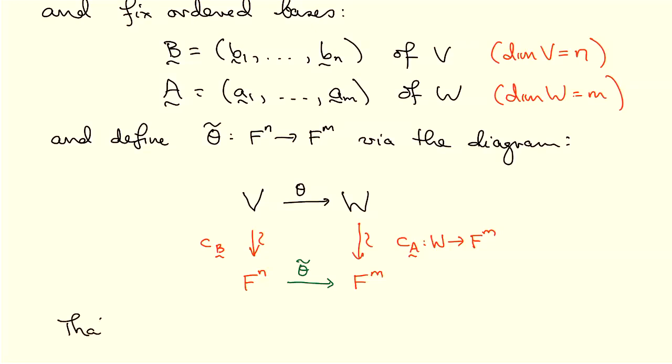That is, theta twiddle is defined to be the coordinate map CB inverse composed with, remember how composition works, you've got to read it in function order, composed with theta and then composed with the coordinate map CA. And that ultimately is a map that starts in Fn and ends in Fm.